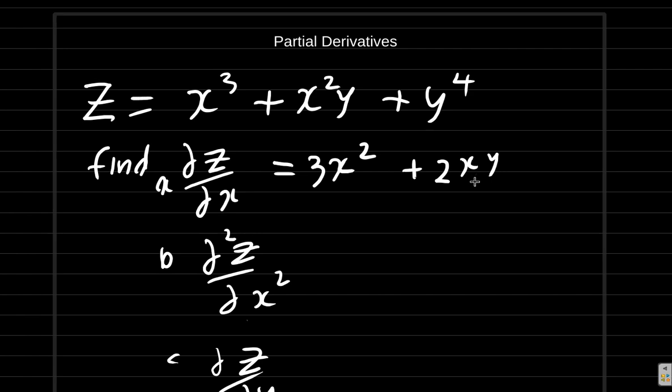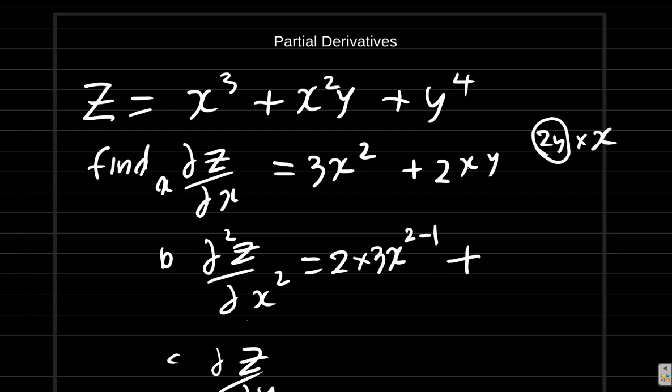After that, we want the second derivative with respect to x. So you differentiate with respect to x again. You bring down the 2 in front and multiply, so you have 2 times 3x to the 2 minus 1, reducing the old power by 1 to get the new power. Plus, when you differentiate 2xy with respect to x, it's like you have 2y times x, and 2y is just a number.